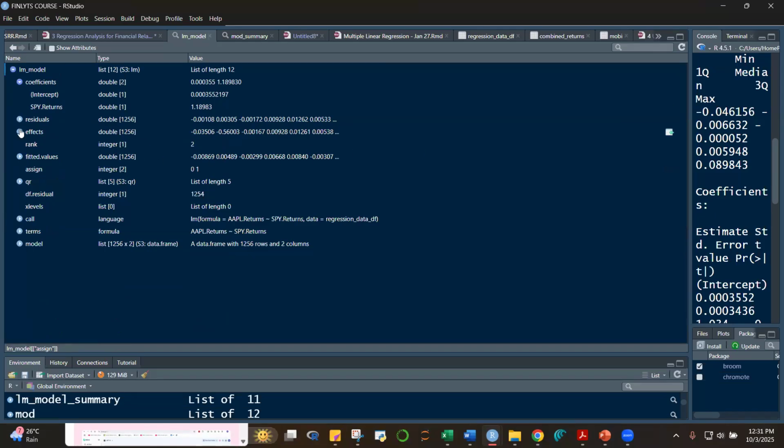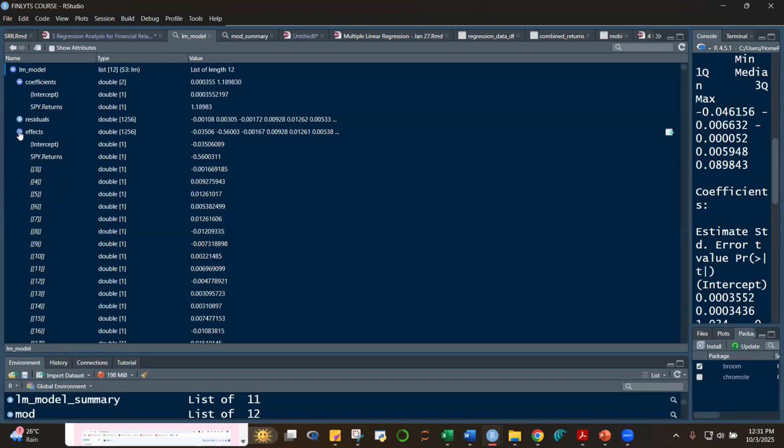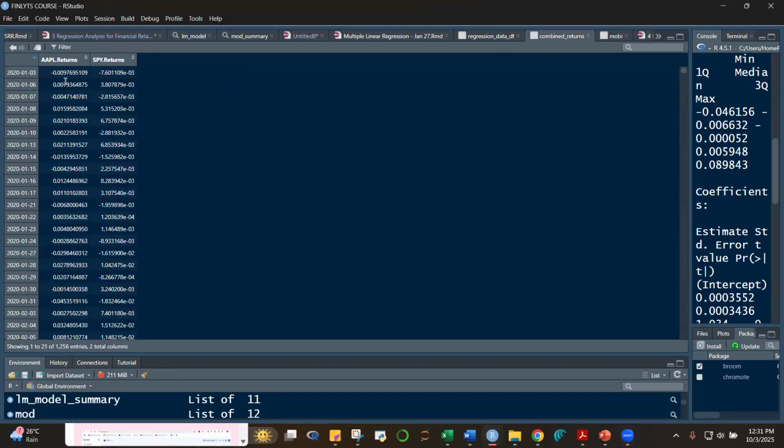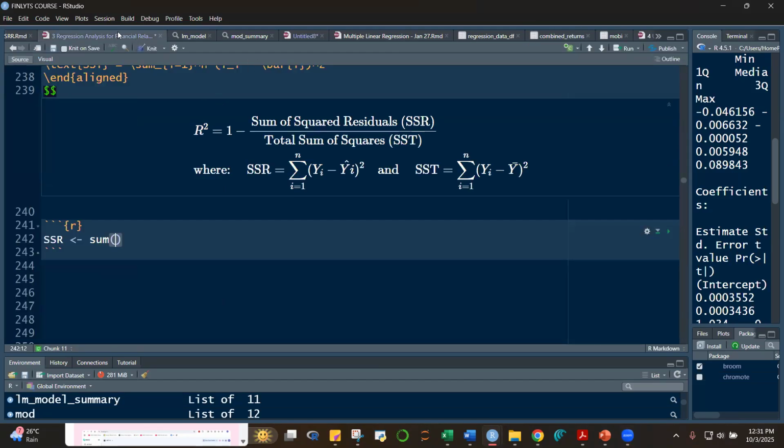And what are these effects, class? Can somebody tell me what are these effects? This one, class, what's this? If you take a look at this one, combined returns, 0.009769.